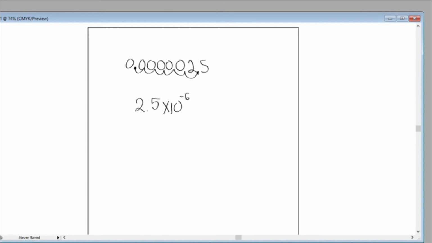And when we divide by 10, we get smaller numbers. So the rule of thumb here is if you have a small number to start out with, you're going to have a negative exponent for your scientific notation. If you start out with a really large number, you're going to have a positive number for your exponent in your scientific notation. That's just a good rule of thumb.